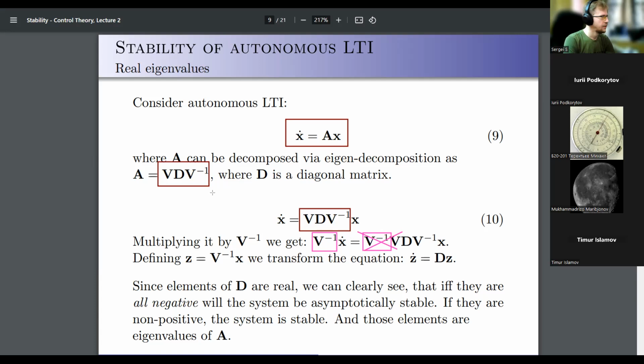Then we make a substitution, V pseudo inverse X becomes Z. And this gave us the system that we previously studied on the slide before. And that allowed us to reason about how real eigenvalues of the system influence its stability.